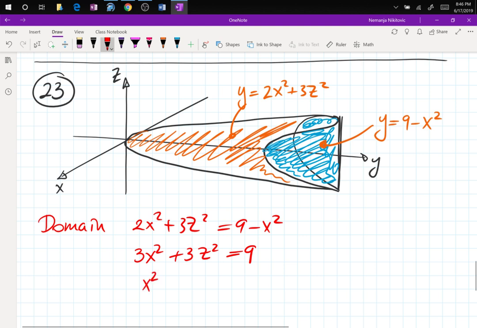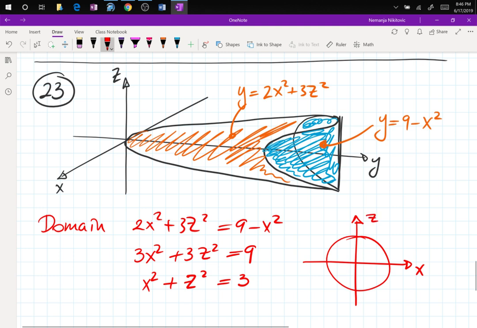And finally, yay, x squared plus z squared equals 3. We just found that our domain is the circle with radius root 3. This is my xz domain, and I have a root 3 radius.